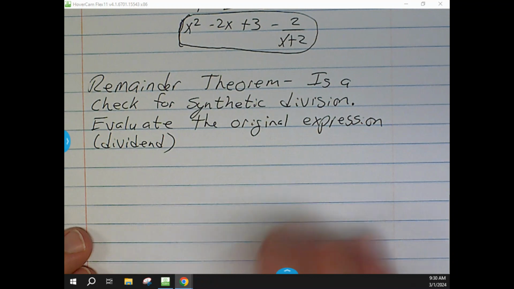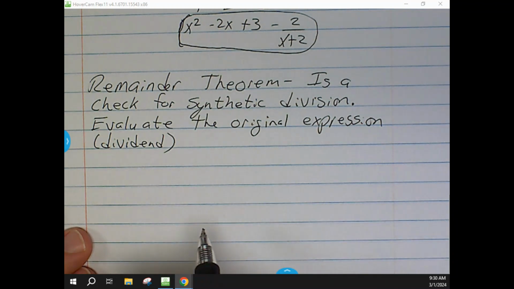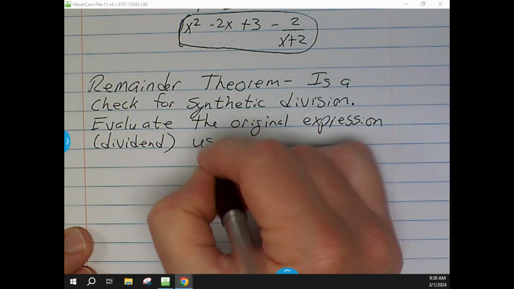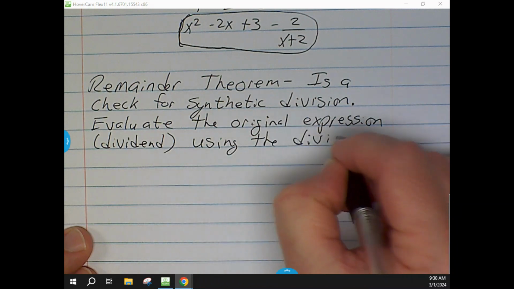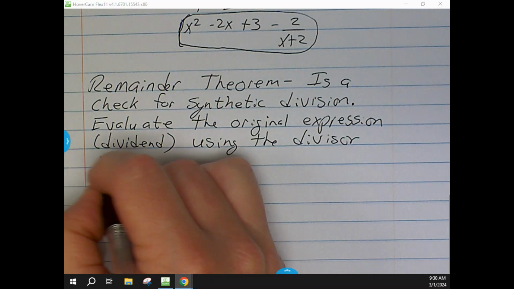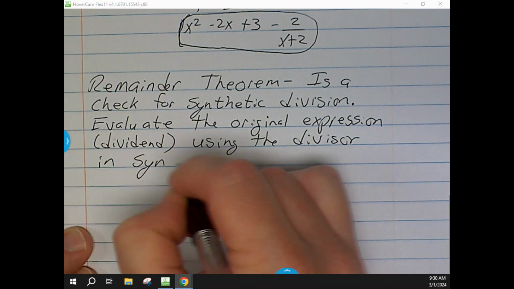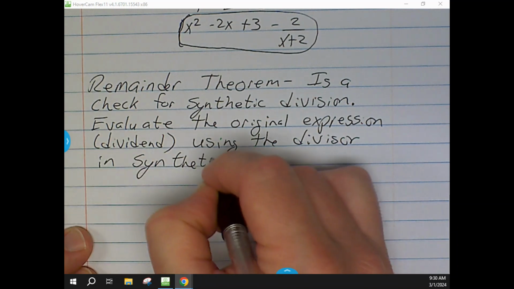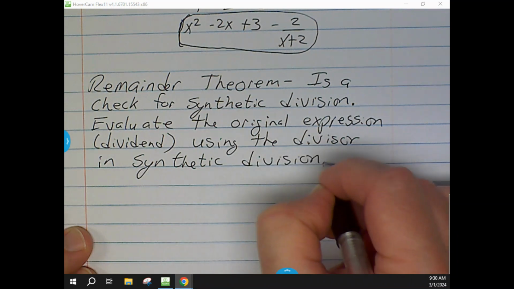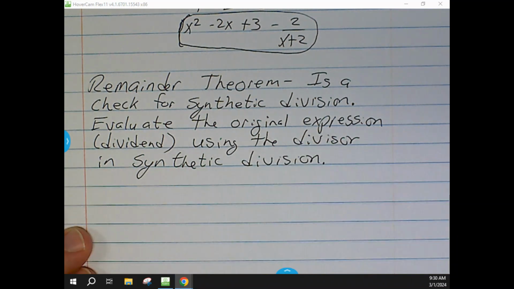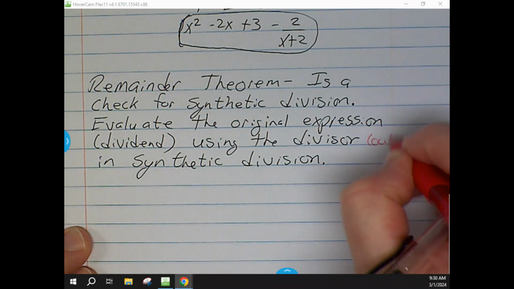The original expression, the dividend, using the divisor in synthetic division. And remember, your divisor is on the outside.